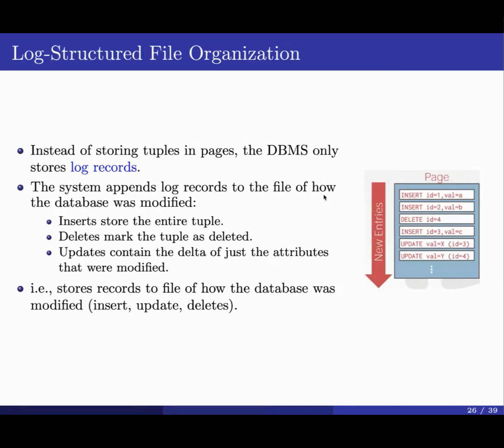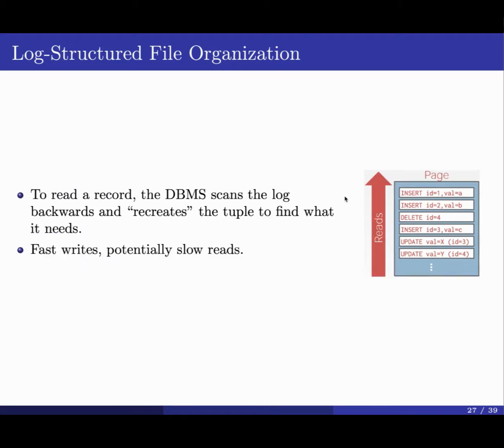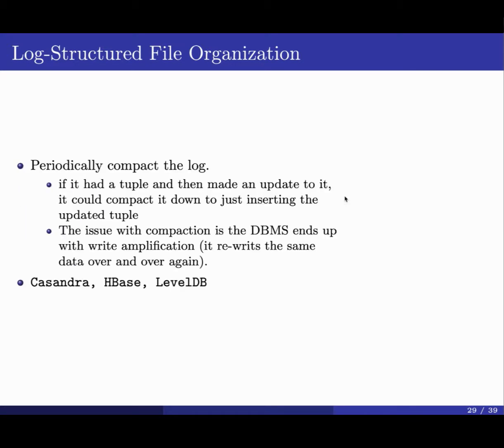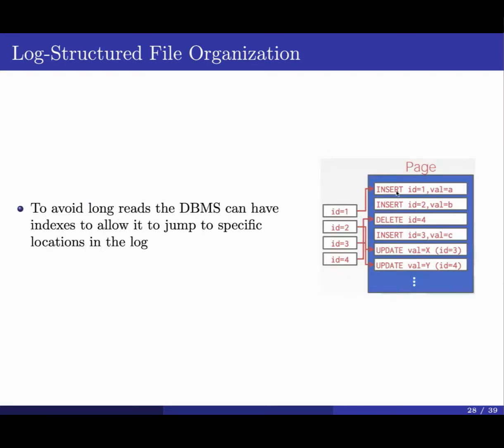That is correct. But it was mentioned that the issue with the compaction ends up with write amplification. Exactly. So the issue with that, what we explained: when you try to read the file, you need to read the data pages backwards in order to reconstruct the file that you're looking for.